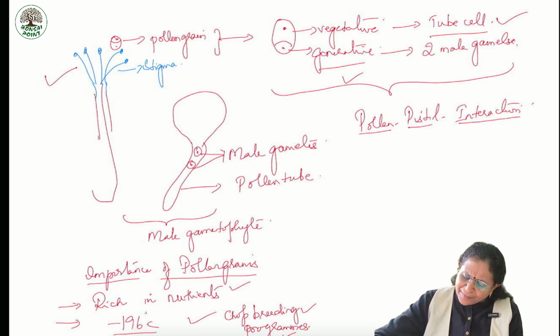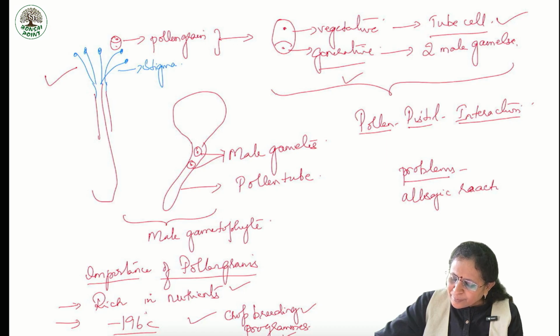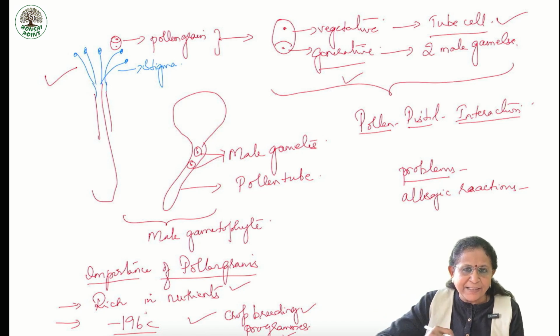But on the other hand, when you consider the problems of pollen grain, they bring about allergic reactions. They cause allergy, that is nose irritation, throat or even eye irritation, and sometimes the person may develop bronchitis or even asthma.